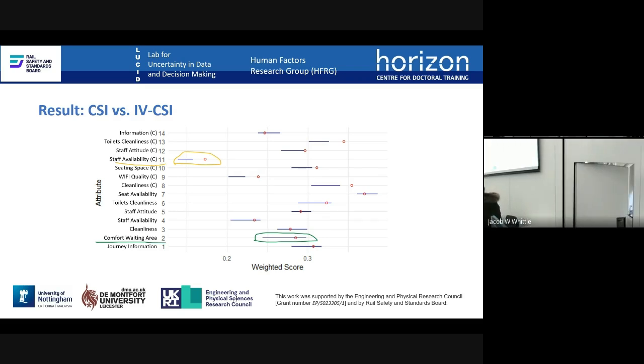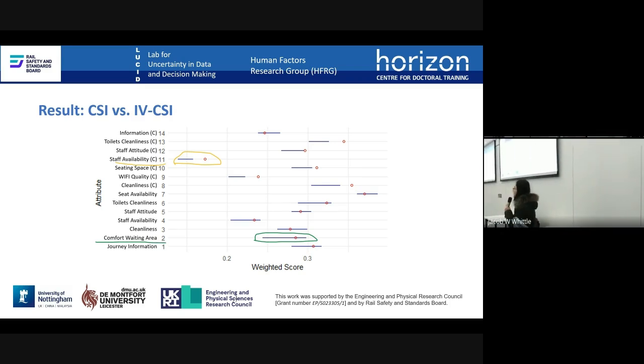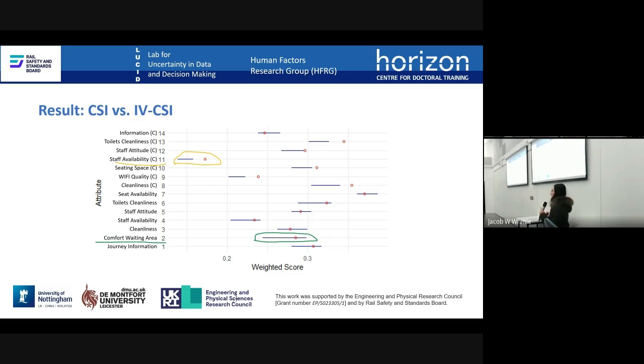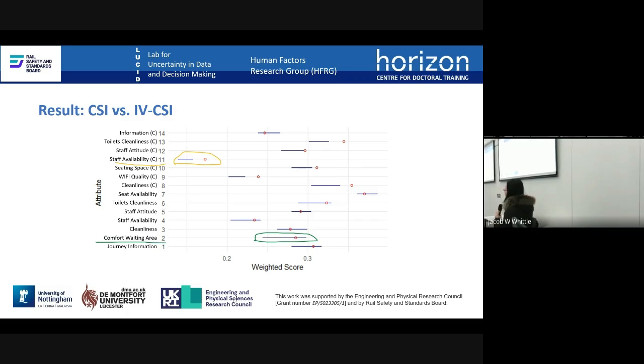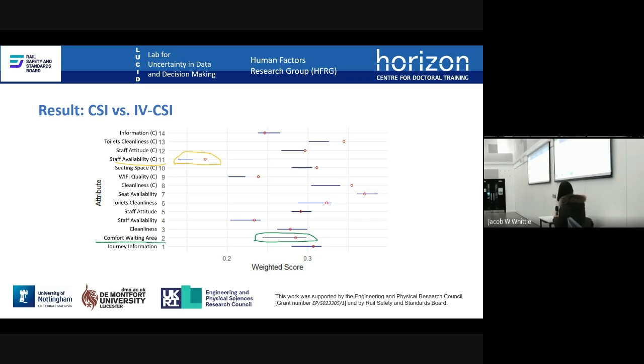In comparison, some attributes give a much wider range. For example, the comfortable waiting area has a quite big range. That reflects that people are not really sure about themselves: does this matter? Maybe or maybe not. Something like that we need to investigate further, to find the reasons that cause those uncertainties.